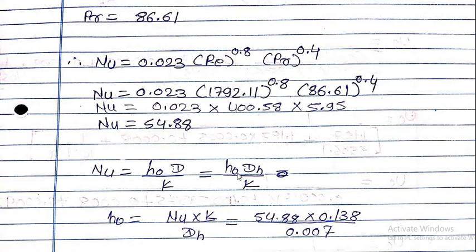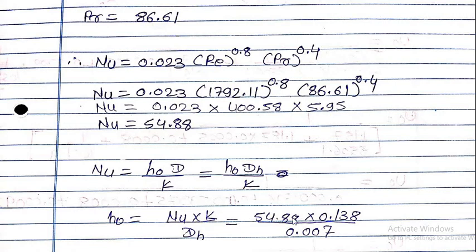So H0 we have to calculate, that is nothing but the heat transfer coefficient for the oil, multiplied by hydraulic diameter divided by K. So H0 is equal to Nusselt number multiplied by thermal conductivity of oil divided by hydraulic diameter.